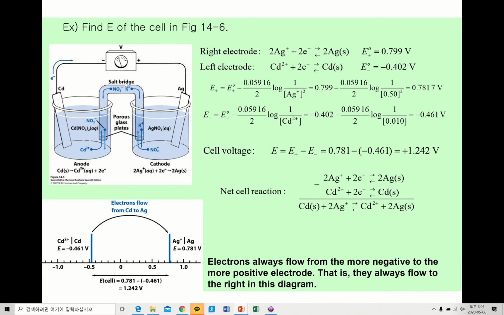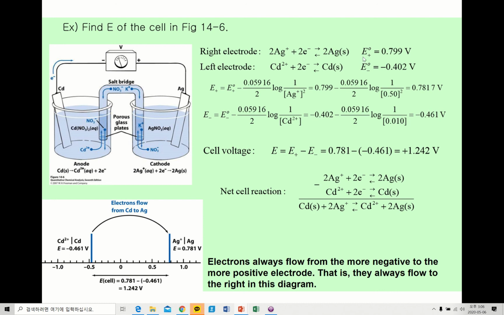Let's consider the cell potential. Let's consider the right electrode reaction first. The silver electrode, and this reaction takes place. Since the numbers of electrons are not the same, intentionally here we multiplied by a constant two on both sides.